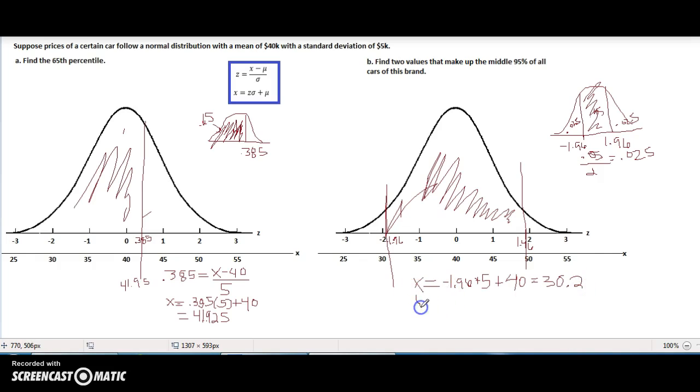And then for the positive side, we have 1.96 times 5 plus 40, and we get 49.8.